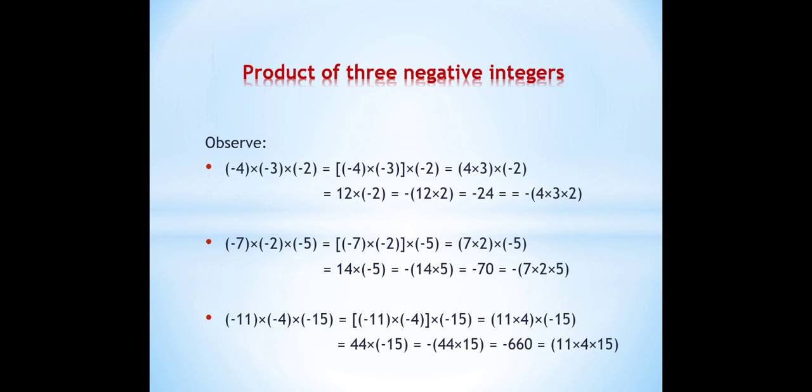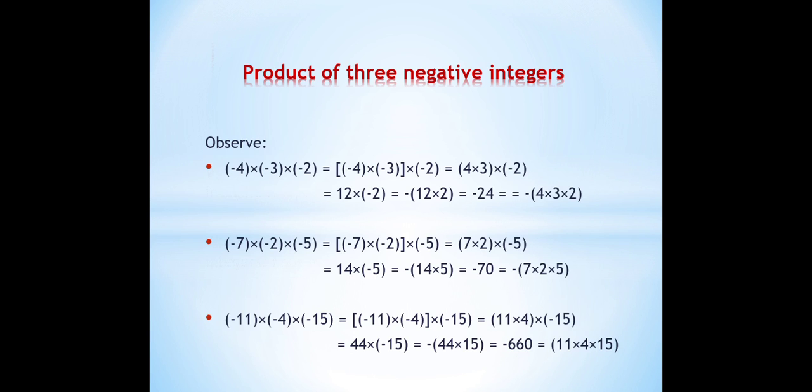Now for this 12 into minus 2, we have to follow the step for multiplication of a positive integer with a negative integer, because 12 is a positive integer and minus 2 is a negative integer. So what we have to do is put a minus sign before, and multiply 12 with 2, 12 into 2, that is minus 24, which is equal to minus 4 into 3 into 2.